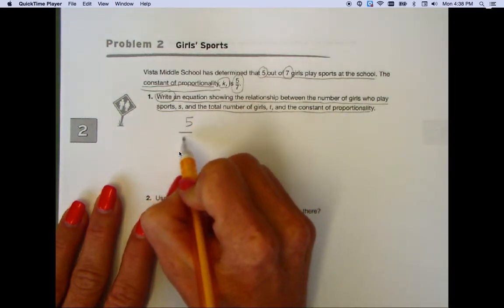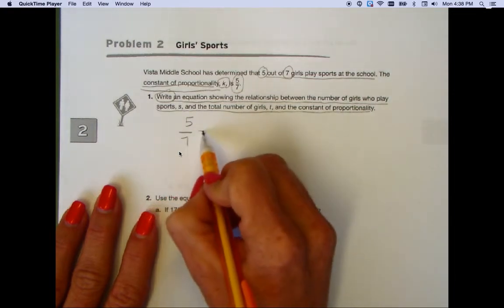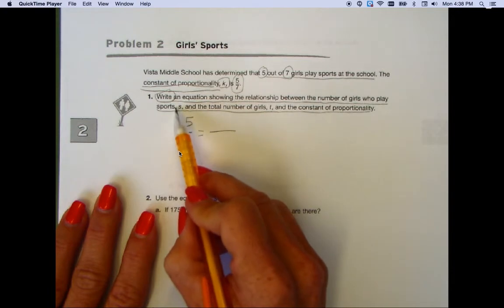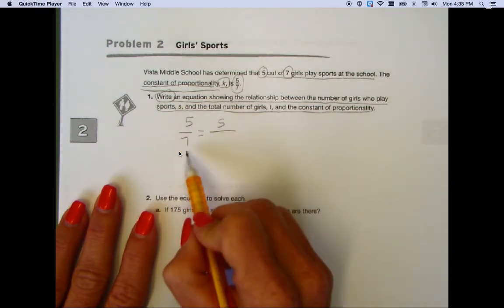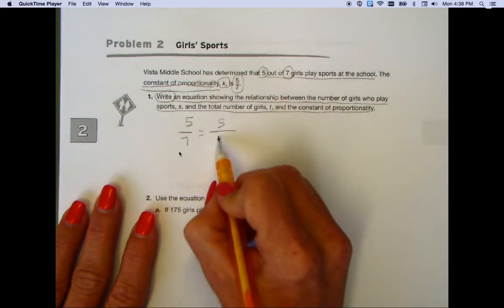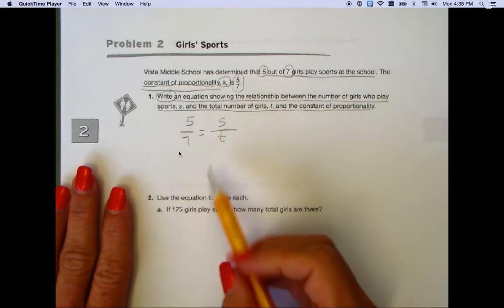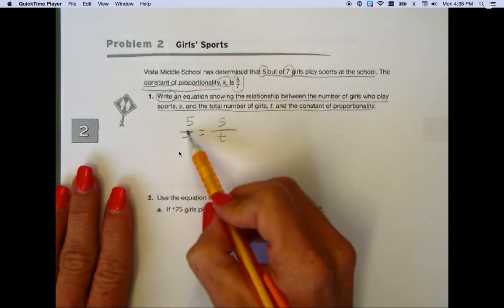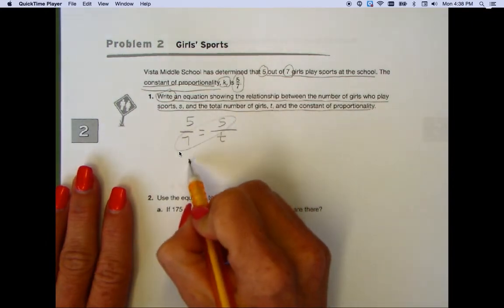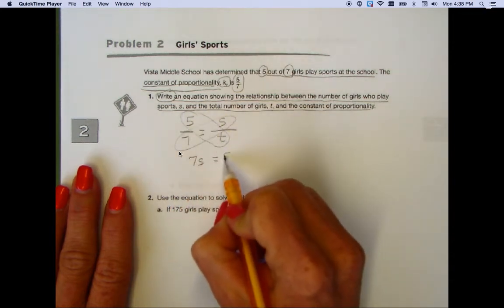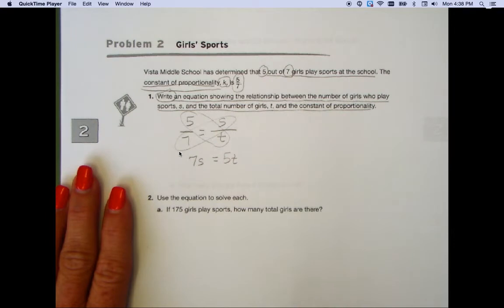So the constant is 5/7. They told me the 5 stands for the girls who play sports. We're calling that S. To the total number of girls, they want me to use T. So I can set this up. Now, if I want to turn this into another equation, I can use my means and extremes and say that 7S is equal to 5T.